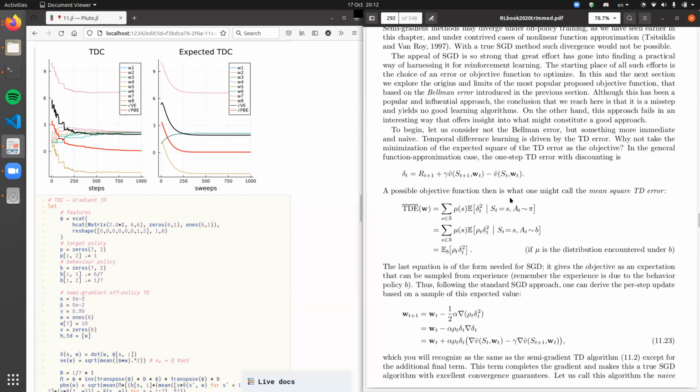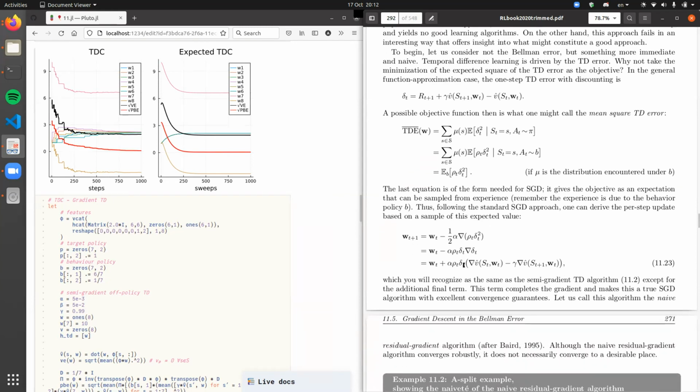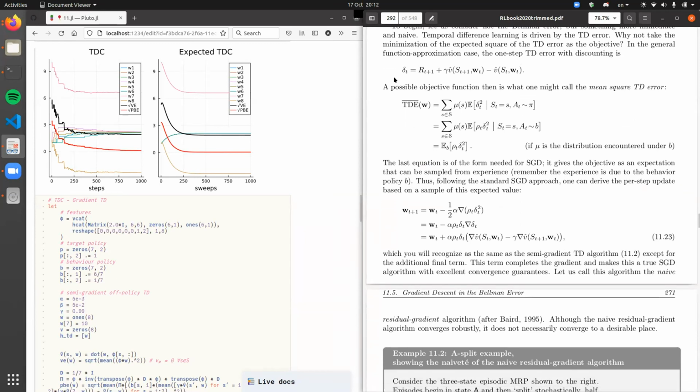We were ignoring the fact that we are bootstrapping using the same function approximator, determined by the same weight vector that we are trying to update, and therefore we are not getting a true gradient algorithm. So we can find the gradient update that corresponds to minimizing the expected TD error here.